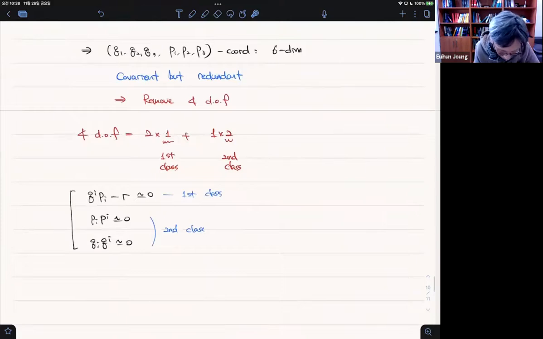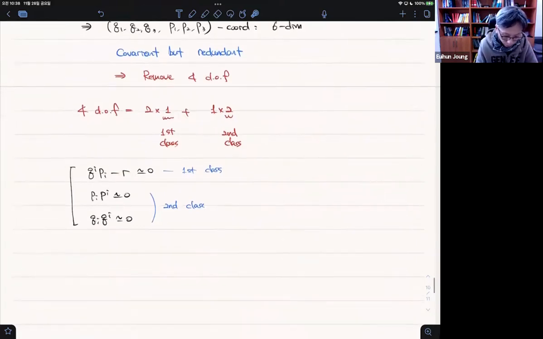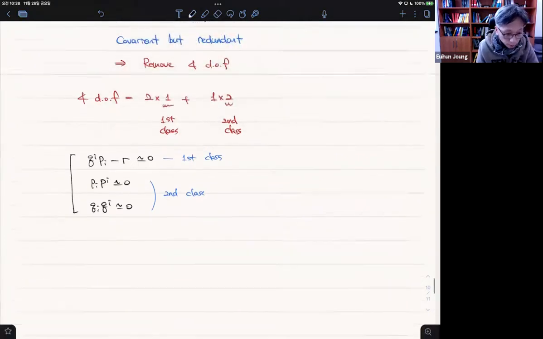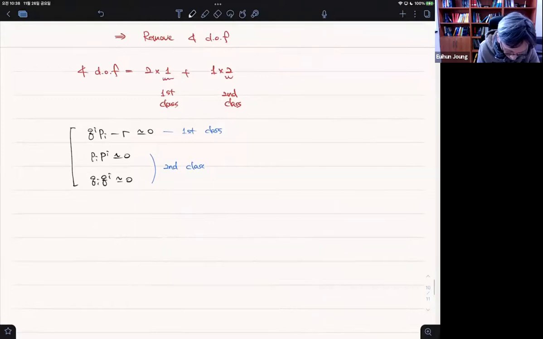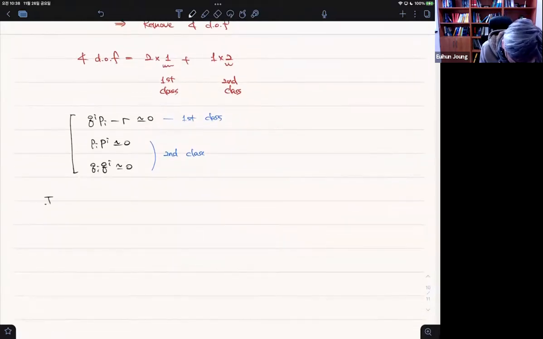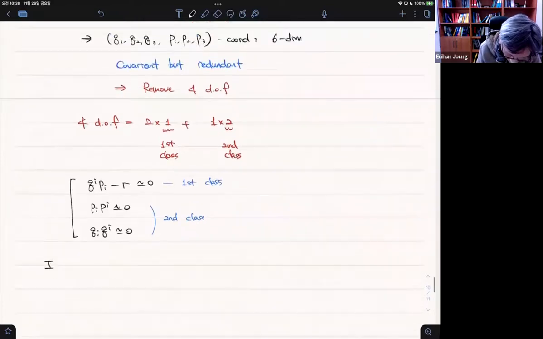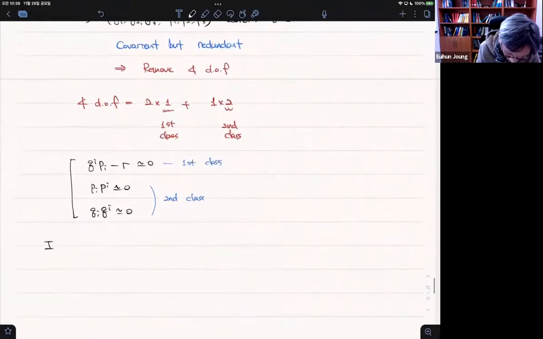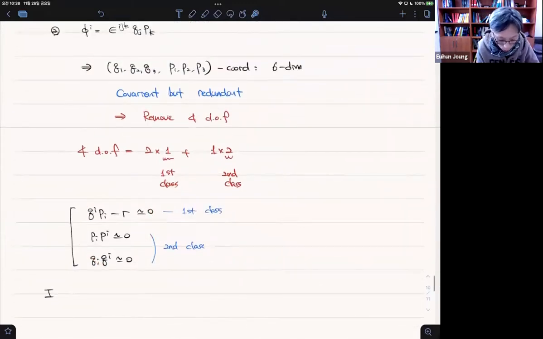Remember, R is the radius of the orbit. So we can impose these constraints on your parameters, which are canonically conjugate to each other, and then we are done.